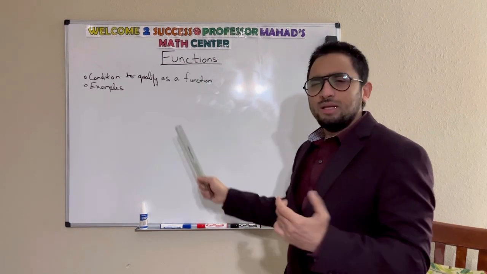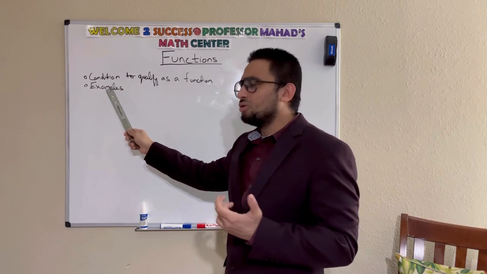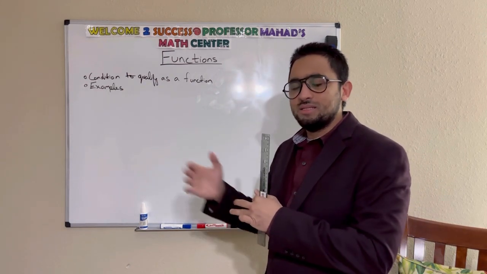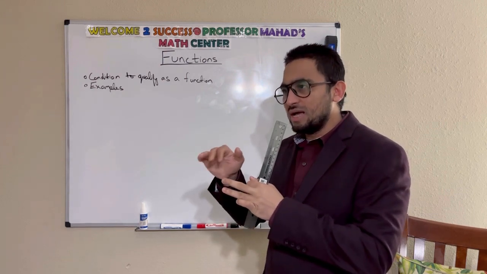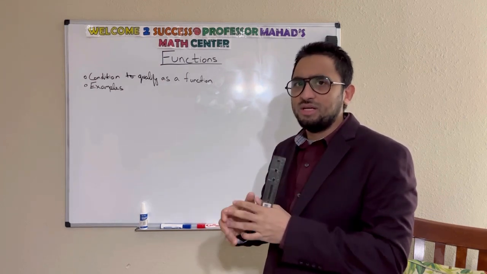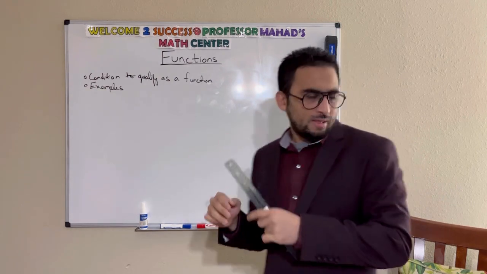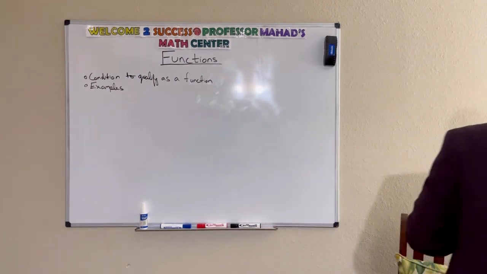And then we're going to see 2 or 3 examples where we're going to analyze the function graphically, and then we're going to determine whether it is a function or not. So let's begin.